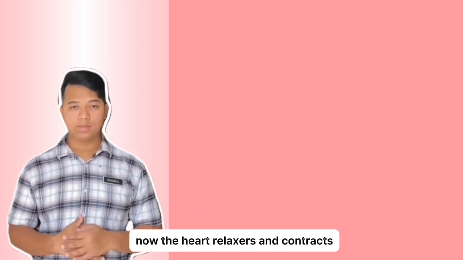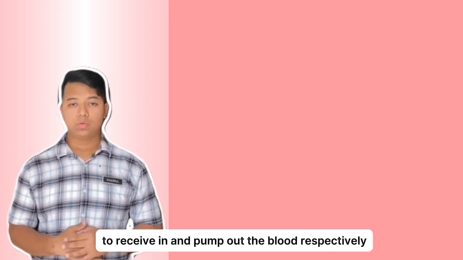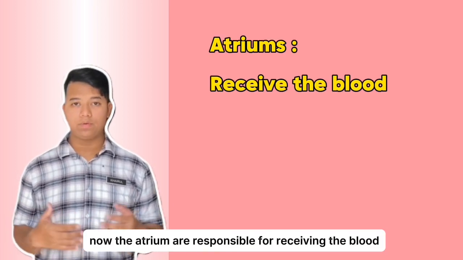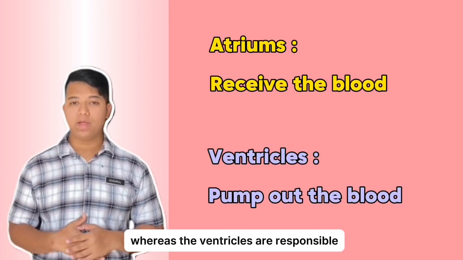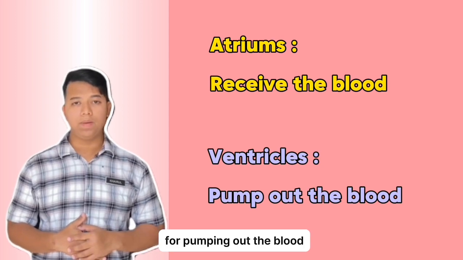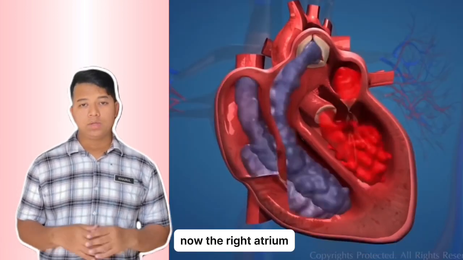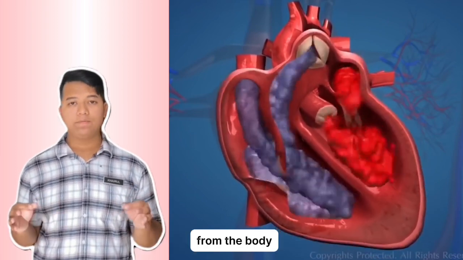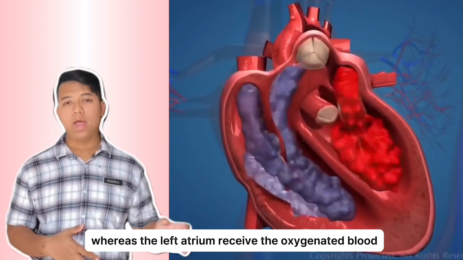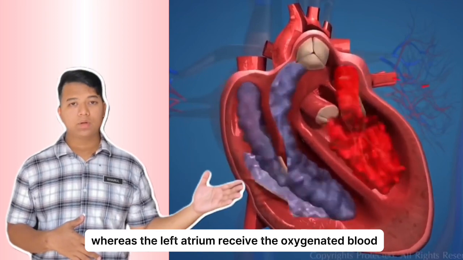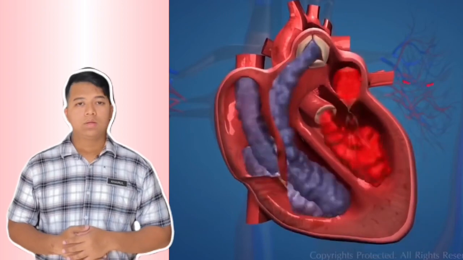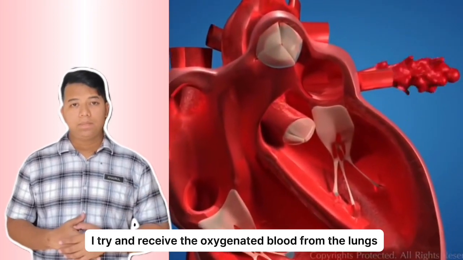Now the heart relaxes and contracts to receive in and pump out the blood respectively. The atria are responsible for receiving the blood, whereas the ventricles are responsible for pumping out the blood. The right atrium receives the deoxygenated blood from the body, whereas the left atrium receives the oxygenated blood from the lungs.